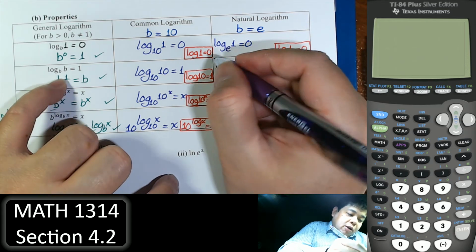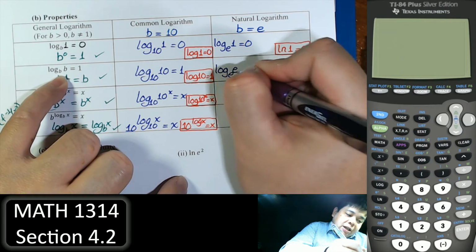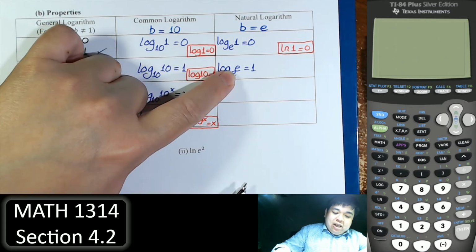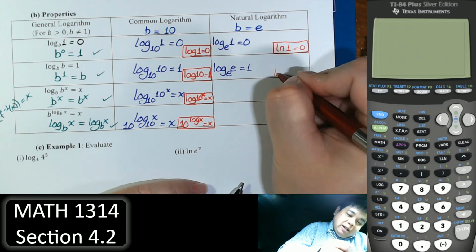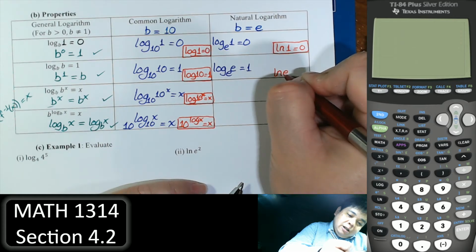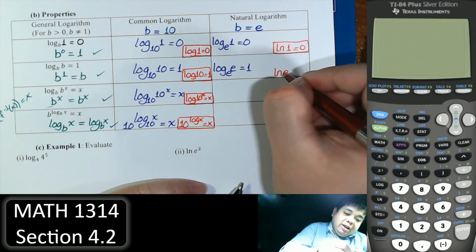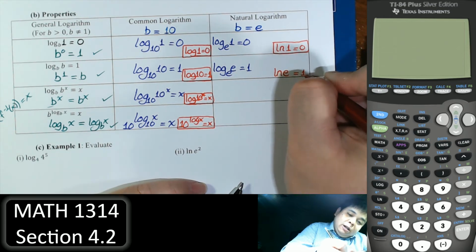Log, now replace e into b, and the log base e is just ln. So ln, log base e of e, is equal to 1.